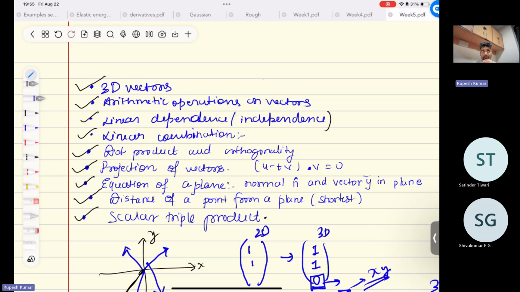Yes, book number 4. I have seen most people using this book, and I have also gone through some chapters from it.